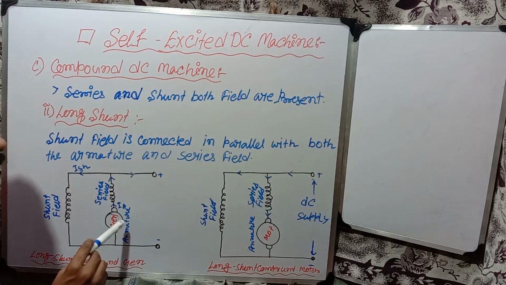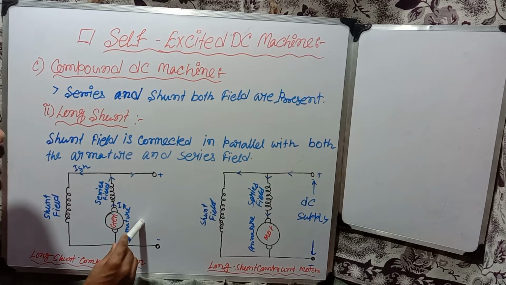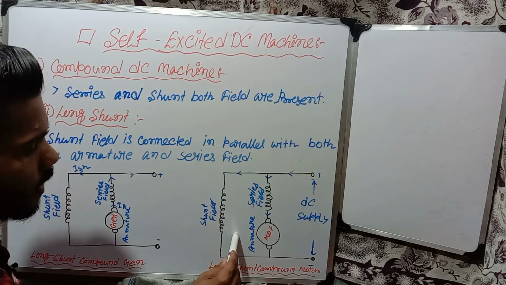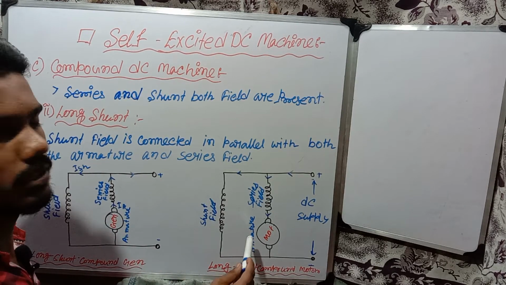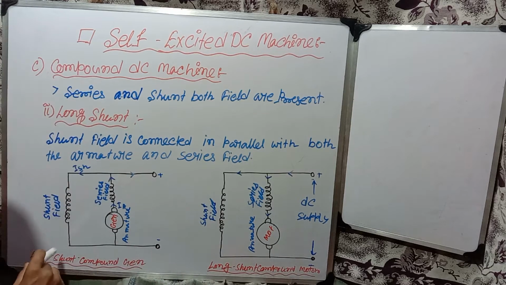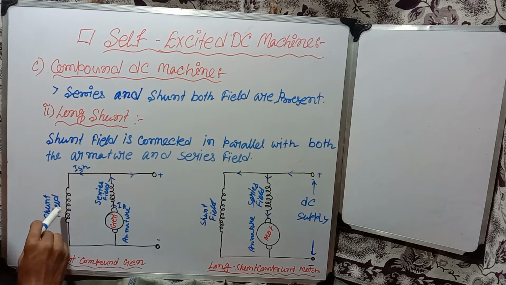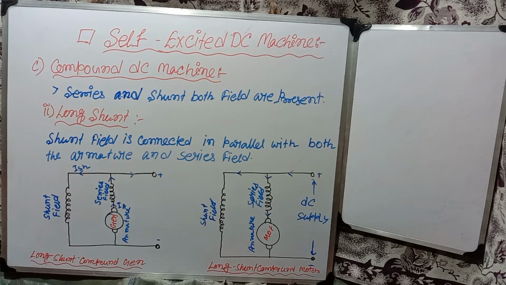So here we can see this is a long shunt compound DC generator diagram, and this is a long shunt compound DC motor diagram. From this long shunt compound DC generator diagram, we can see the field winding or shunt field is connected in parallel with both the series field and armature.